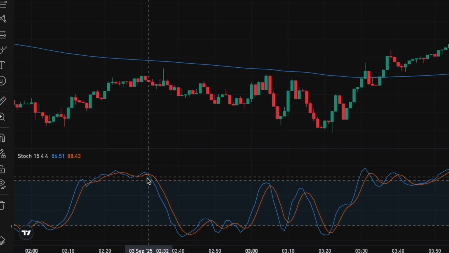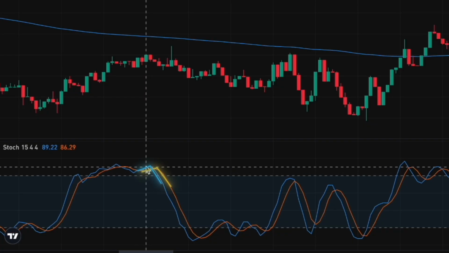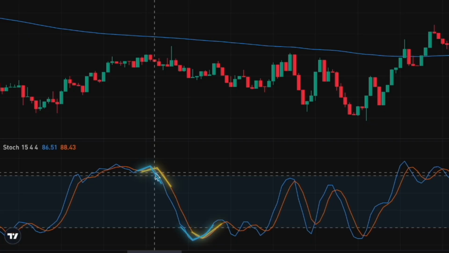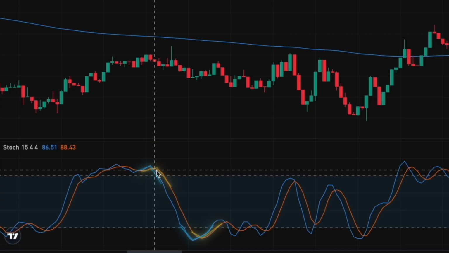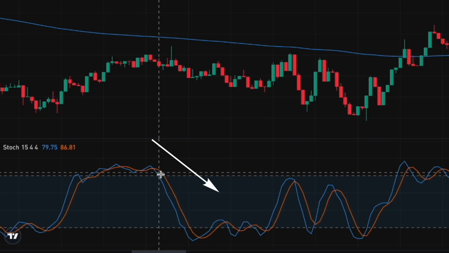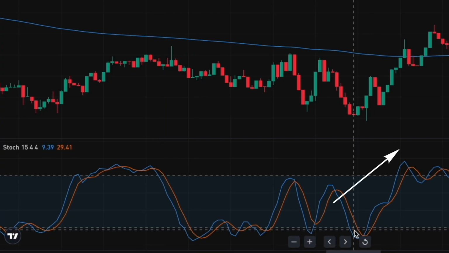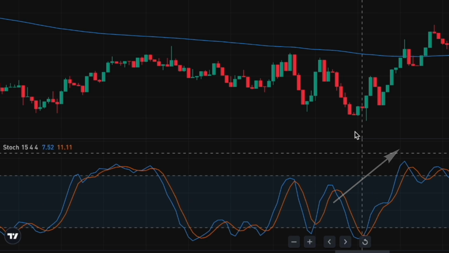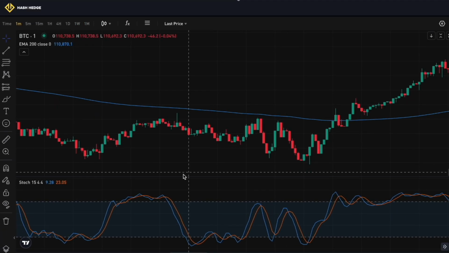The main signal is when the fast moving average, in our case the blue one, crosses the orange one, either from top to bottom or from bottom to top. When the fast line crosses the slow one from top to bottom, it is a signal to trade down. When the fast moving average crosses the slow one from bottom to top, this is a signal for an upward trade. That's it. So we consider the signals in that order.